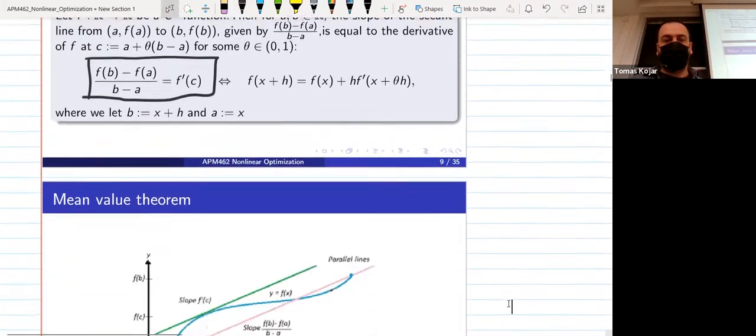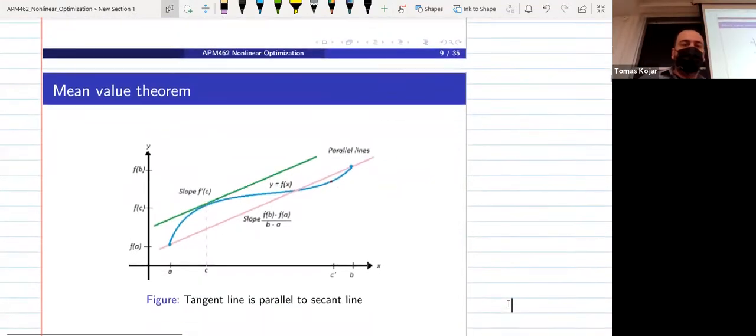So I'm going to show you the picture. This is more intuitive. So this gray line is called the secant, and it has a slope (f(b) minus f(a)) over (b minus a). And it says that, so the blue line is your function, and there exists a point where there exists a line that will be parallel to the secant, and this line will be tangent to the graph.